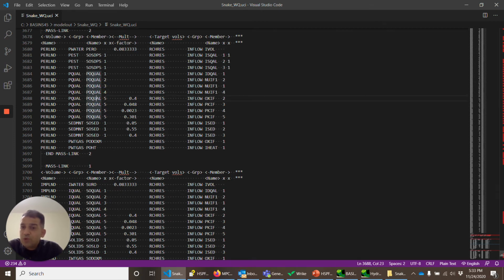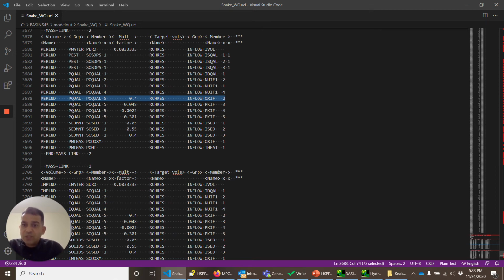Fifth is BOD organics; 40% of that goes into OXIF2. OXIF is dissolved oxygen and has two subscripts, 1 and 2. 1 is for dissolved oxygen, so dissolved oxygen simulated on the land goes to OXIF1, and 40% of the organics simulated on the land goes as BOD in the RCHRES.